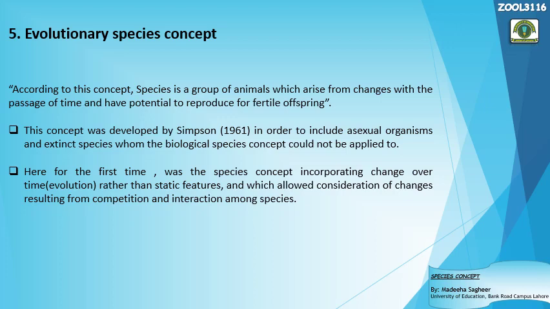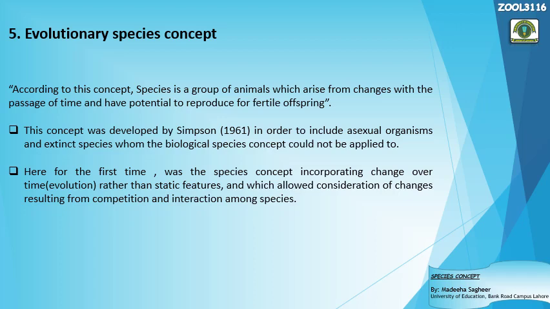This concept was developed by Simpson in 1961 in order to include asexual organisms and extinct species, to which the biological species concept could not be applied. As we know, the biological species concept could be applied only to sexually reproducing species, as well as extinct and living species.